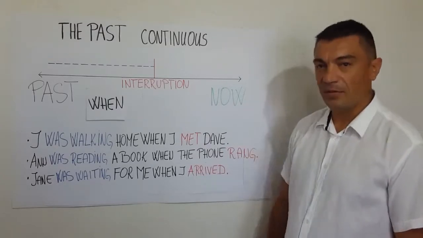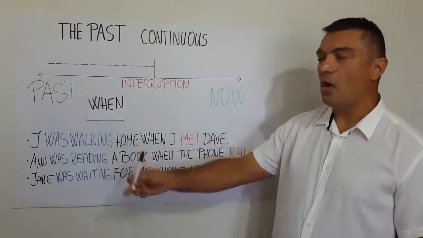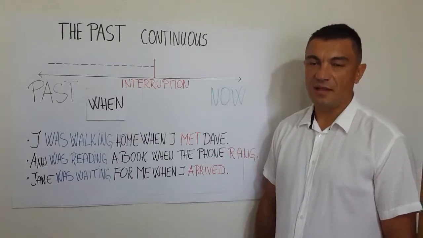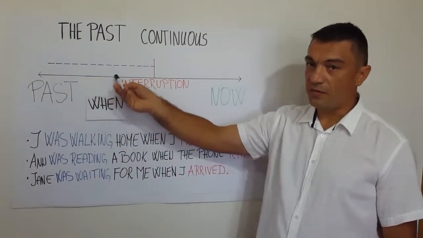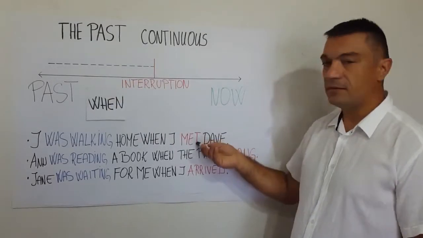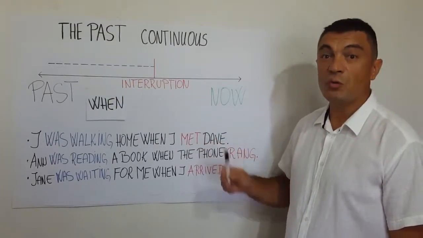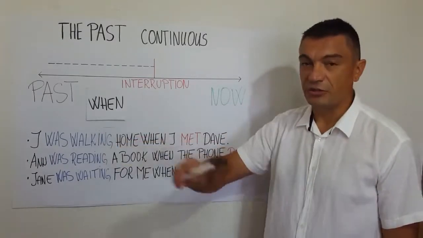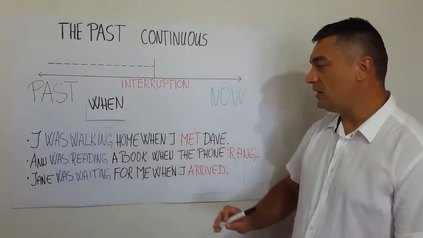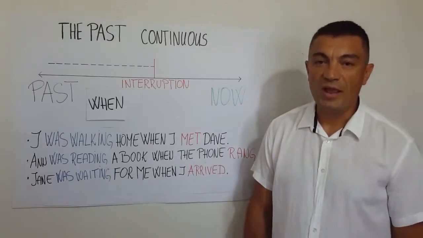Let's look at the examples. Example 1. I was walking home when I met Dave. Was walking, an action that was in progress in the past, met, a past simple action which represents an interruption of this action. And was reading a book when the phone rang.